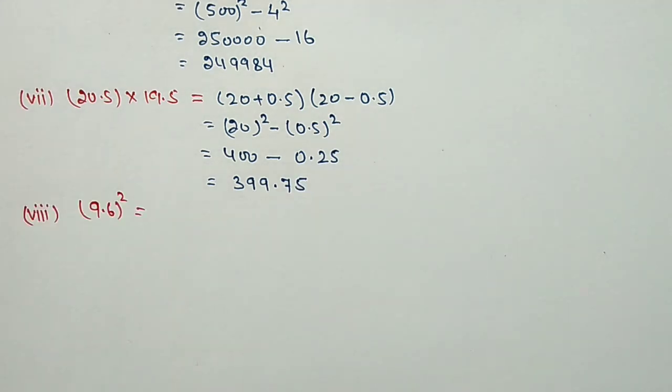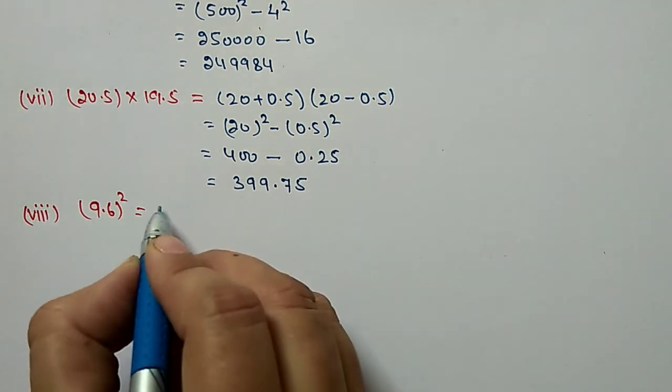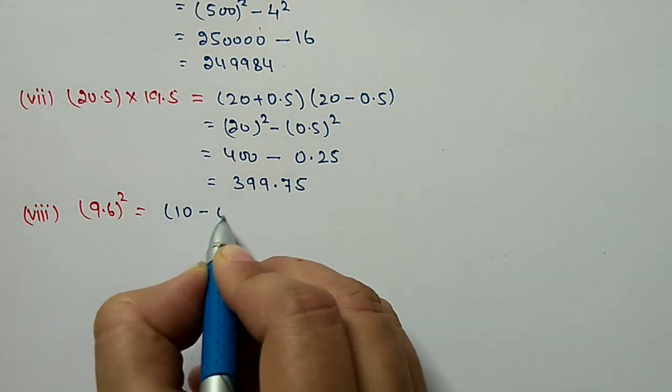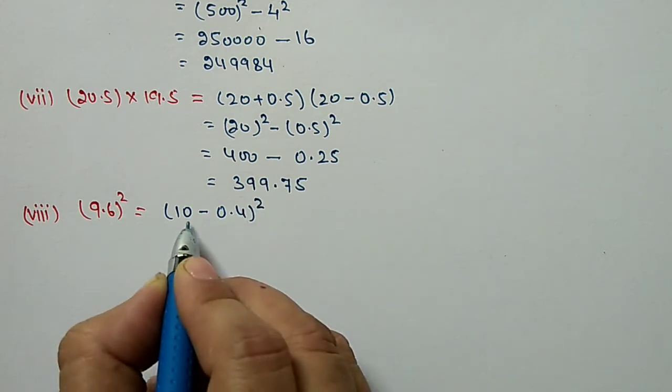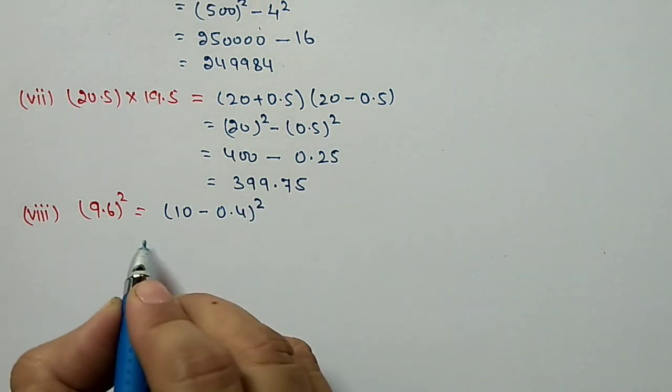Next one, 9.6 whole square, which you can write as 9 plus 0.6 or 10 minus 0.4. So if we are writing 10 minus 0.4, then it will be 10 minus 0.4 whole square. The a minus b whole square formula we have to use here.